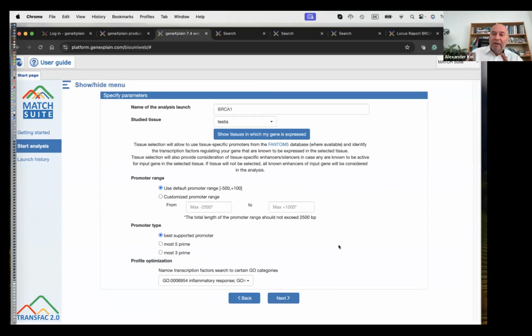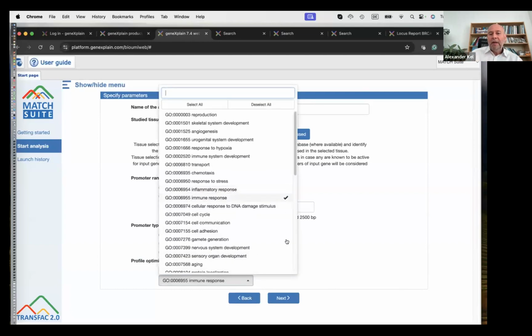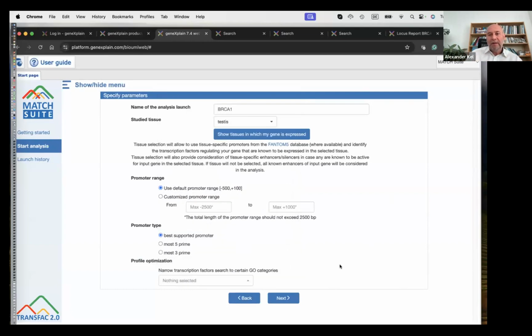Among those transcription factors, which we are now interested to know which transcription factors are regulating my gene, I can select a subset of them which are involved in, for instance, immune response, if I am really interested in the immune response only. Or I don't select anything. In such a case, all transcription factors are considered.